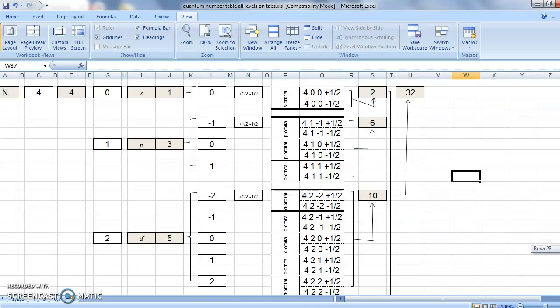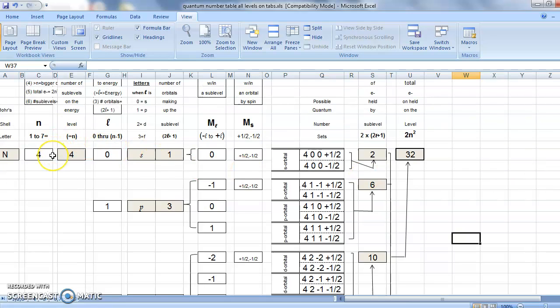To look at these numbers, the first number is allowed to be 1 to 7. The second number is allowed to be 0 up to the first number minus 1. The second number can never be the same value as the first number. It can never be greater than the first number. It's always 0 to 1 less than the first number.